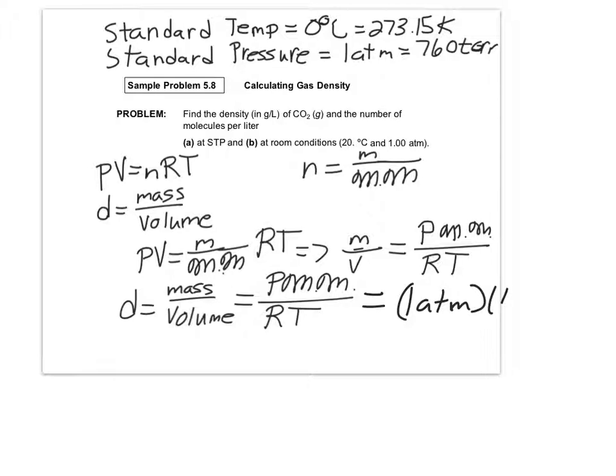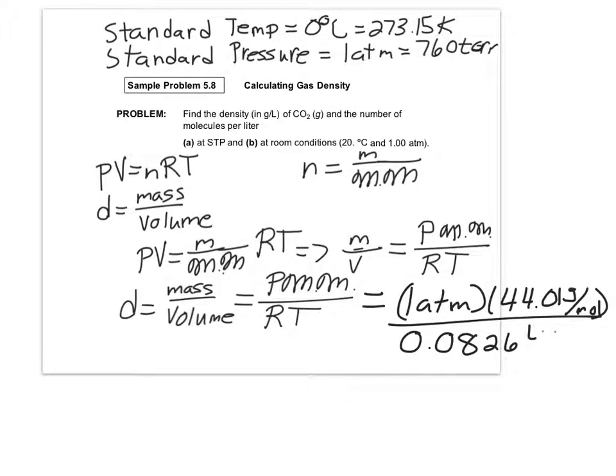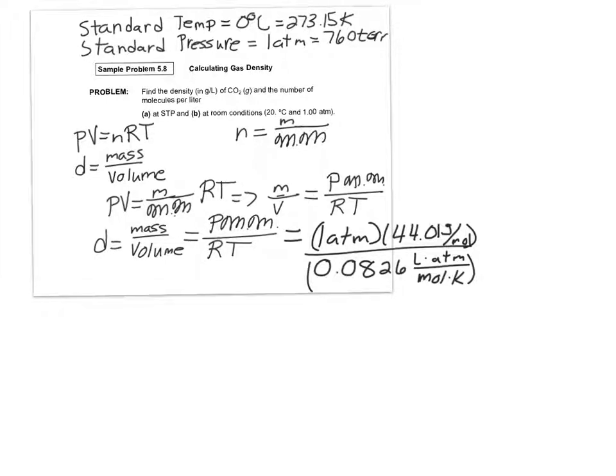So the molar mass from the periodic table for carbon dioxide is 44.01 grams per mole, divided by R. R is 0.0826 liters times atmospheres, divided by moles times Kelvin. I've got to get some more room here because I'm out of room. And then that gets multiplied by the temperature. The temperature is also on the bottom. And standard temperature is 273.15 Kelvin.